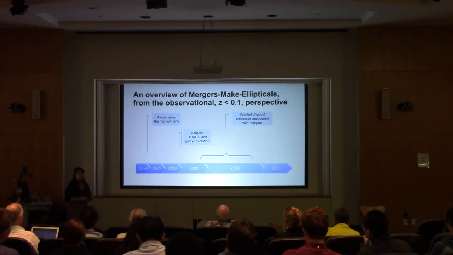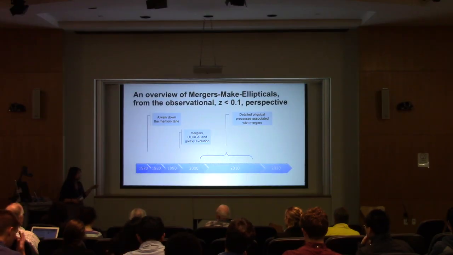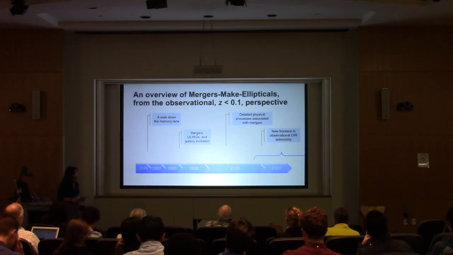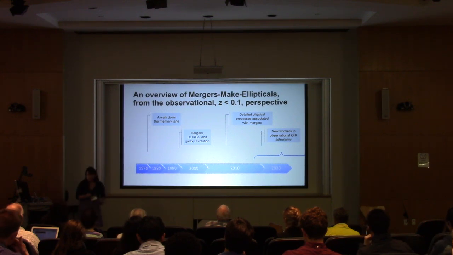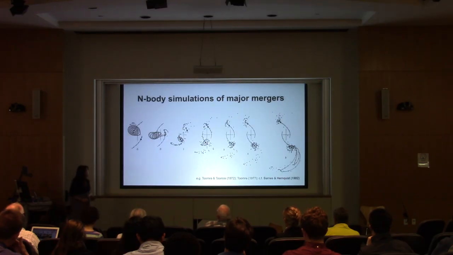And then I will highlight a couple of key questions that I'm specifically attacking in mergers, and also end with some sort of outlook in the field. You'll notice that the timeline is not exactly linear, and I'll also say that there are a lot of error bars in those brackets that I just quoted. Okay, so let's get started.